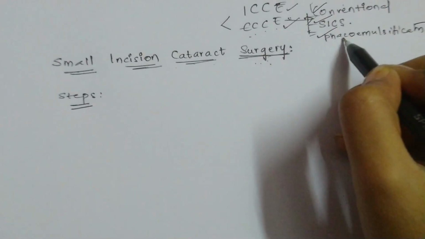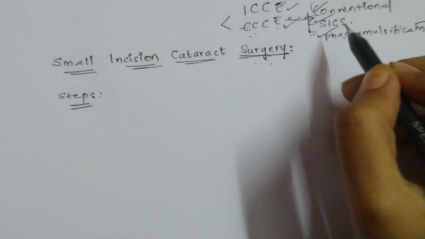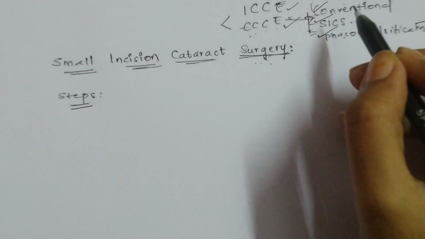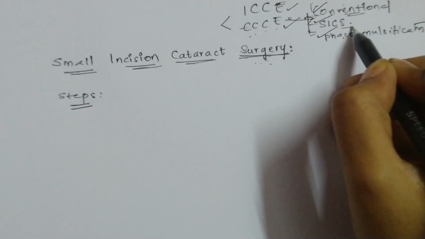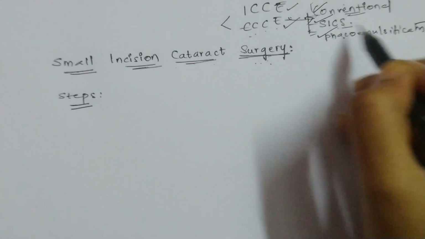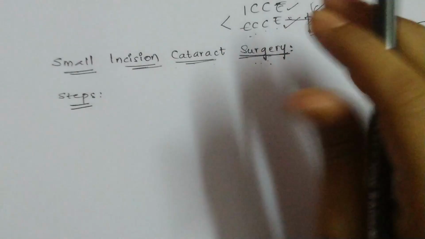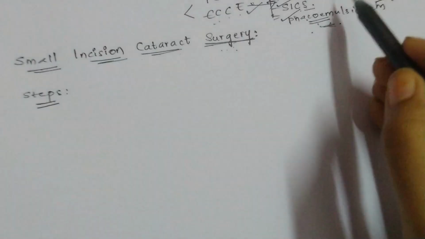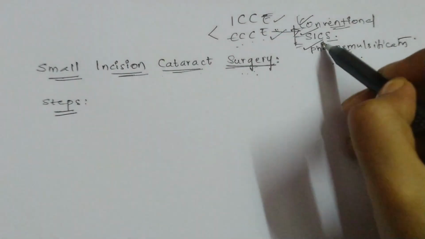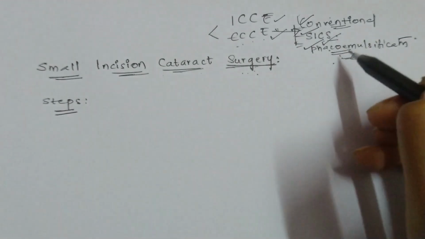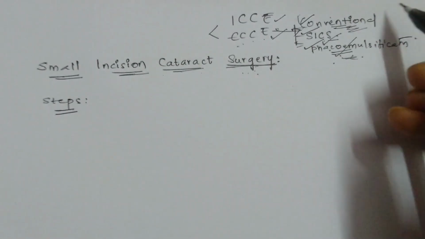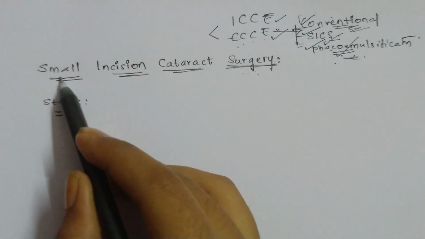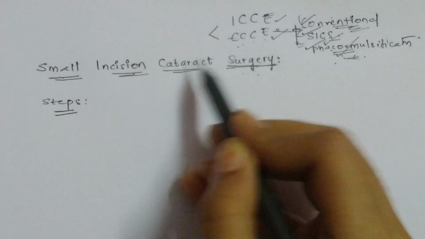The difference in these three is the size of incision we give: it is larger in conventional, a bit smaller in small incision, and in phacoemulsification we give a very small incision. Nowadays we do small incision cataract surgery and phacoemulsification. Conventional is not followed nowadays. So I'm going to discuss small incision cataract surgery.